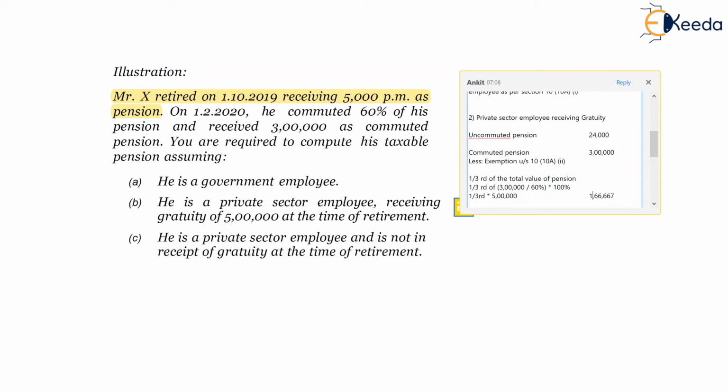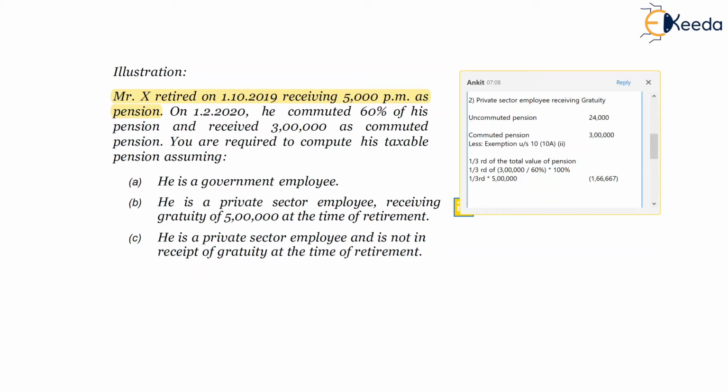So this is the exempt portion as per subclause 2 of clause 10A, right? So 133,333 is the taxable commuted pension, where the private sector employee receives gratuity.